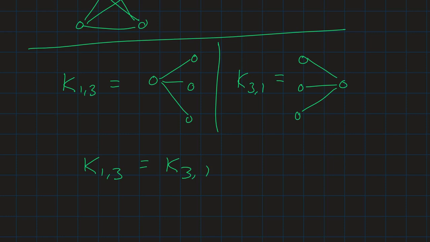We consider them to be the same graph, even though they have two different names. You could call it K_1,3 or K_3,1. It's a slight bit of confusion, but the notation is very standard, so we can't go make up our own notation. We're going to use this notation. That's complete bipartite graphs, and that's the end of this video.